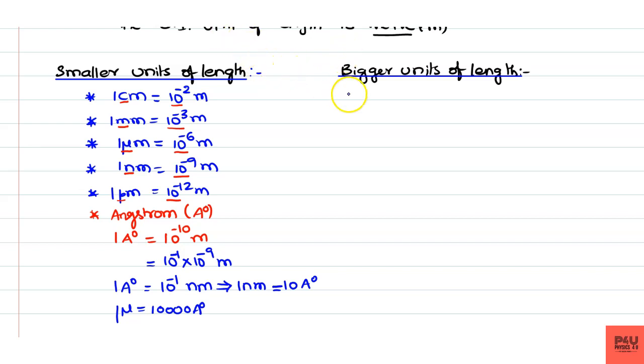Kilometer. 1 kilometer is equal to 10 cube meter. 1 kilometer is equal to 1000 meter, we know.